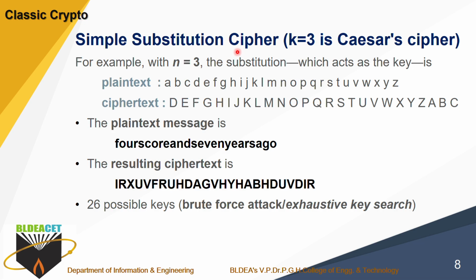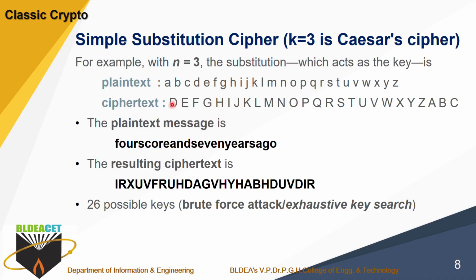Is it possible to break or not? Breaking is possible here because you can easily guess this substitution method, as only 26 possible keys are here. How? By using a brute force attack or exhaustive key search attack. Simply they will use the trial and error method, and in sequence they will go.